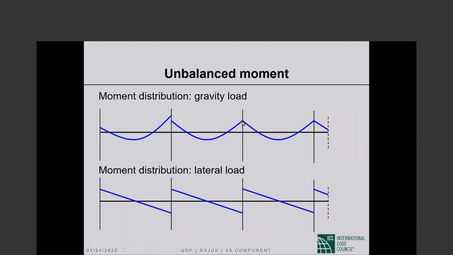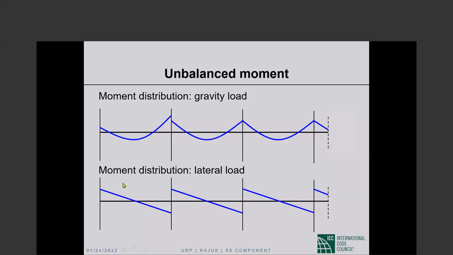By the time we have arrived at the second interior column, there is no moment to be transferred. The bending moment to the left of the column is the same as to the right. So under gravity loads, there is significant moment transfer at the exterior support. There is some moment transfer at the first interior support, but then there is no moment transfer.